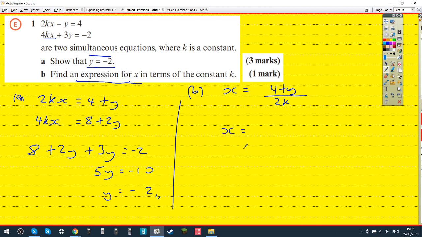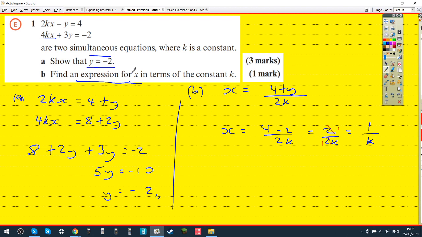So it's 4 plus minus 2, or 4 minus 2, which is 2 over 2k, which is just k. 2 over 2k, it's not k. What is it? Two over 2 is the same as 1 over 1. So 1 over k. Oh, 1 over k. Yep.